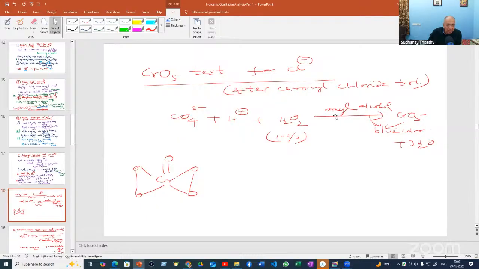This amyl alcohol is given, as we have studied in the chemistry of potassium dichromate and also the chemistry of hydrogen peroxide. The first step, dichromate, will give you CrO5.